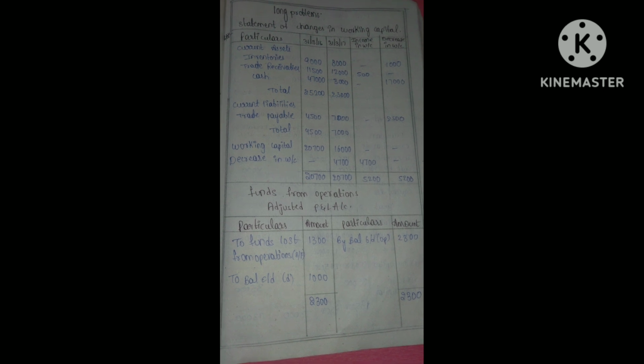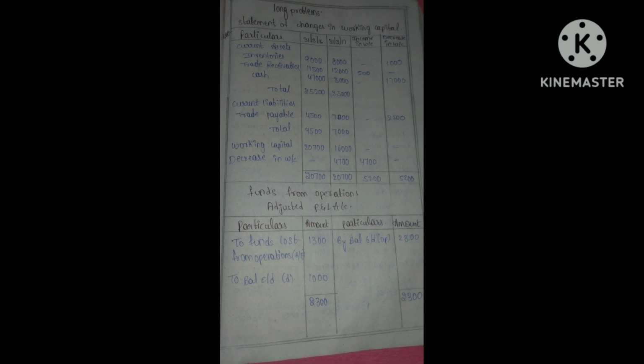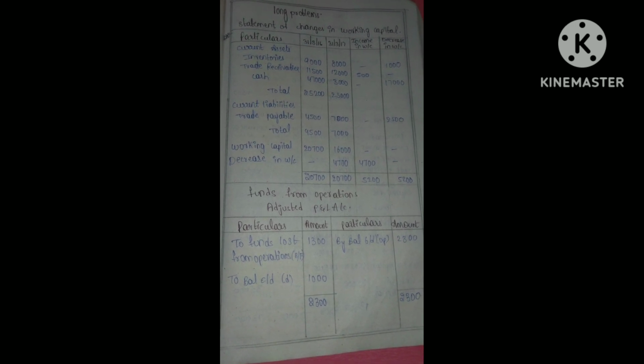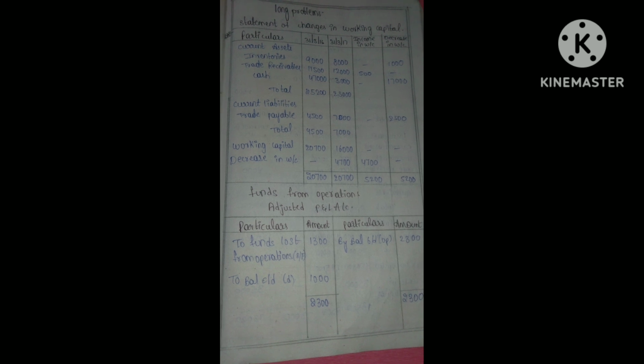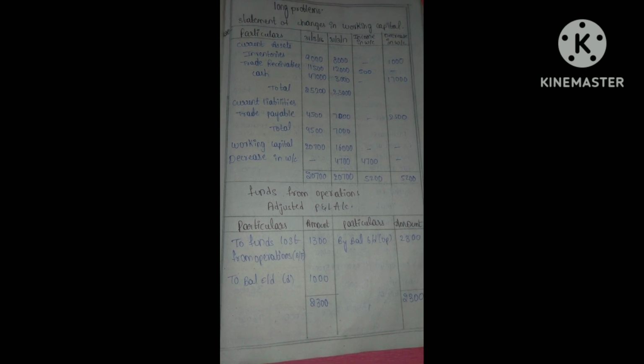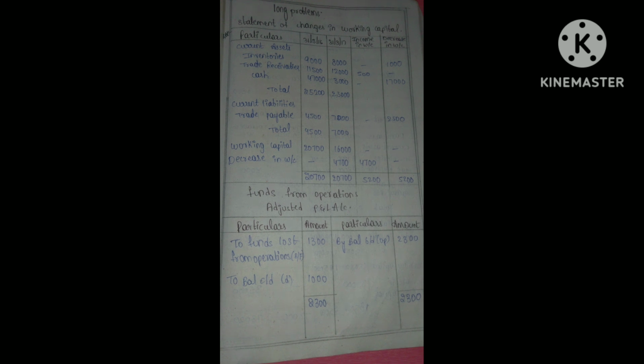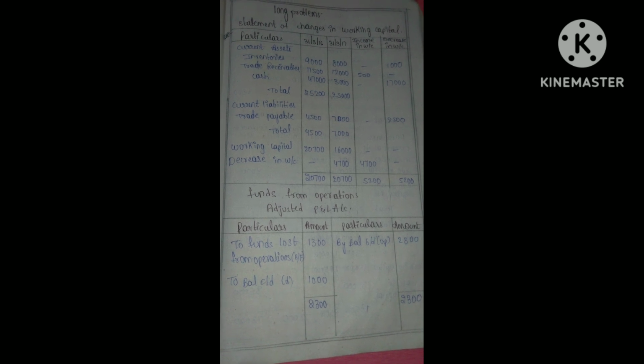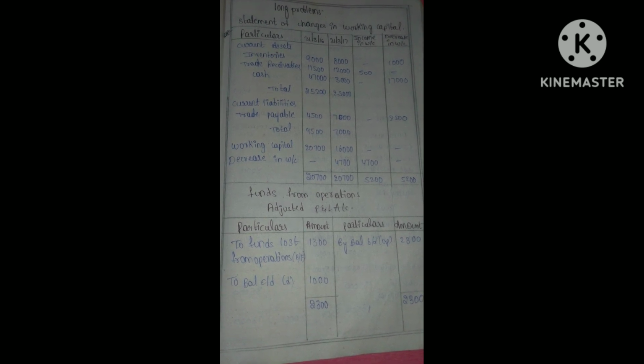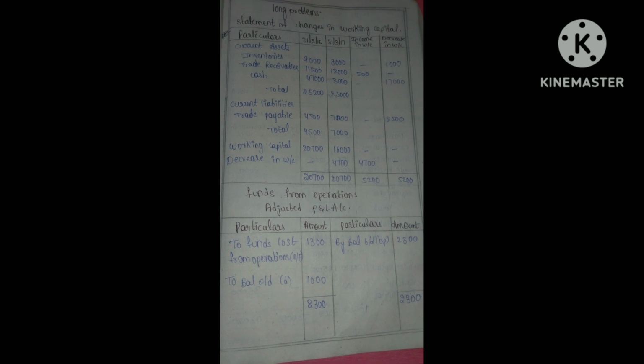So do balance carried down, closing balance 1,000. Now subtract 2,300 minus 1,000, so we will get 1,300. That is the funds lost from operations, the balancing figure 1,300. Now make the totals of both sides. So we will get 2,300 on both sides.